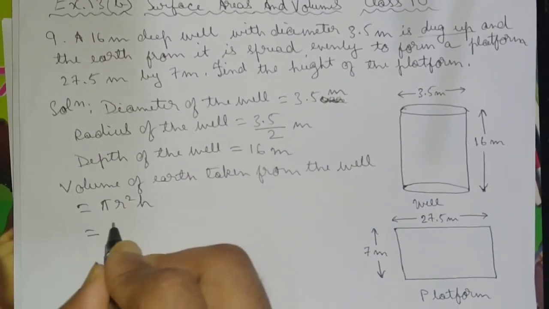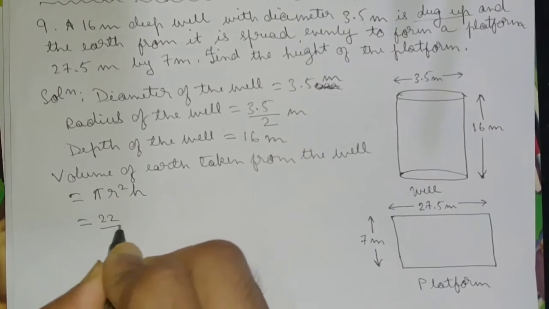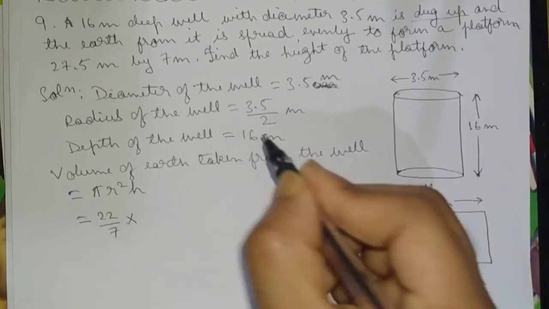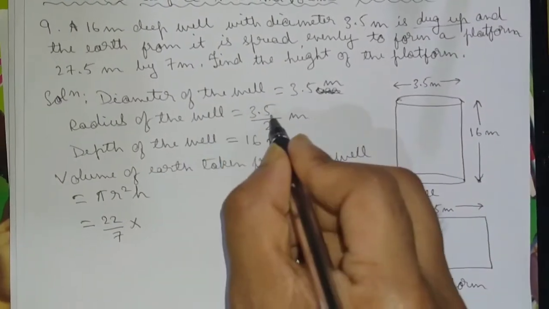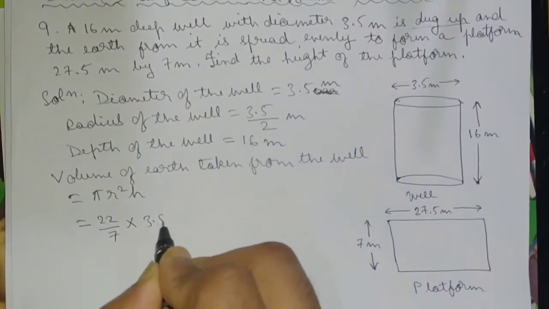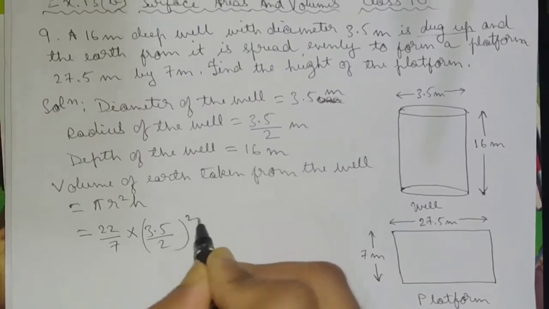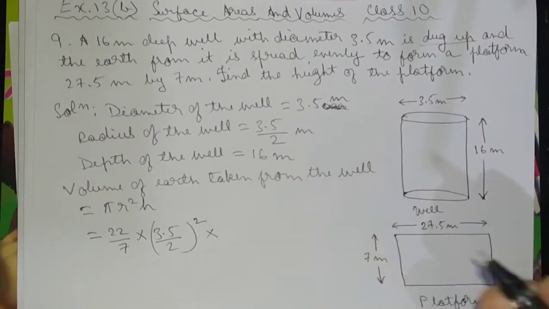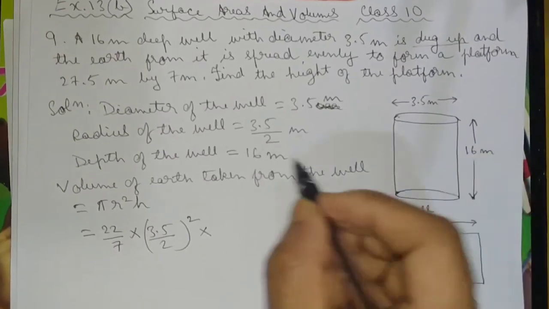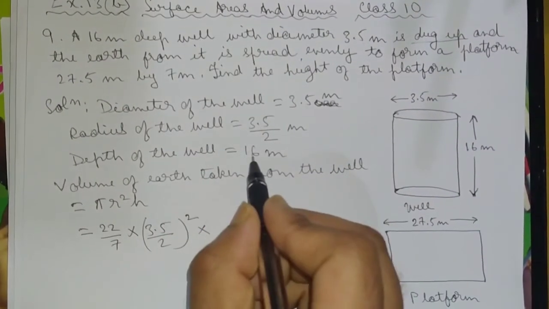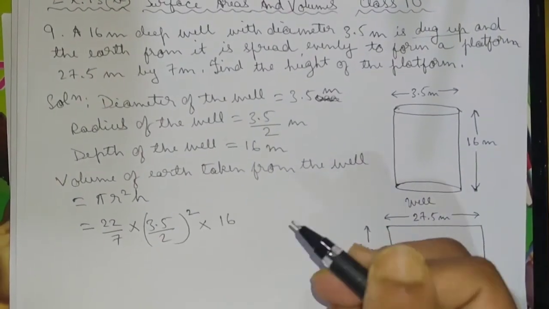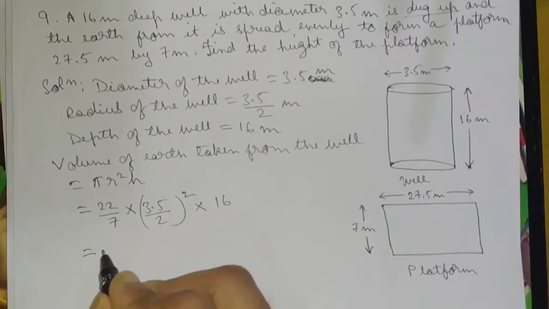So this is equal to 22 by 7 into radius of well, 3.5 by 2, whole square, into h, the depth of the well, 16 meter.